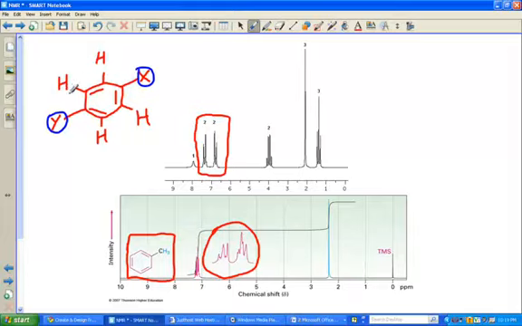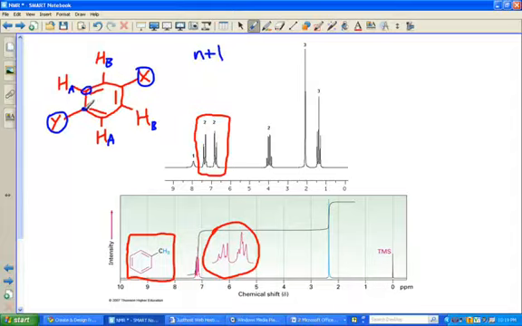But let's think about the splitting. If we call these HA and these HB, and you were asked, what do you think the shape of HA would be? What would the splitting be? What would its multiplicity be? Well, we apply the n+1 rule, where n is the number of hydrogens on adjacent carbons. HA is on that carbon.